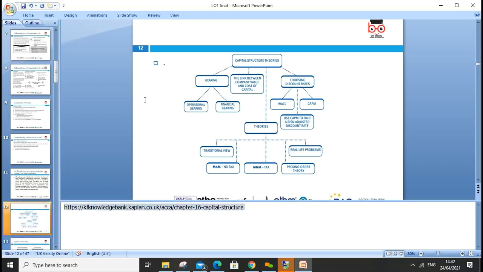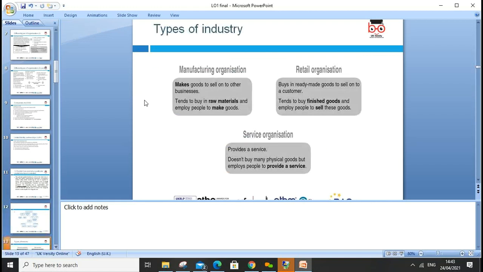According to Miller, we need a really good balanced approach. There are other theories as well, like the pecking order theory. All these theories look at different economic environments and factors: inflation, interest, tax. Then we can decide which is best. We also have the weighted average cost of capital and the capital asset pricing model, where we use the money, where we get the funds from, and what we can generate.